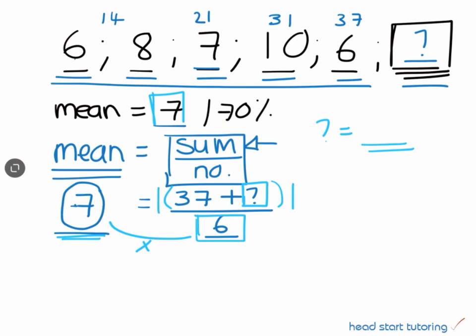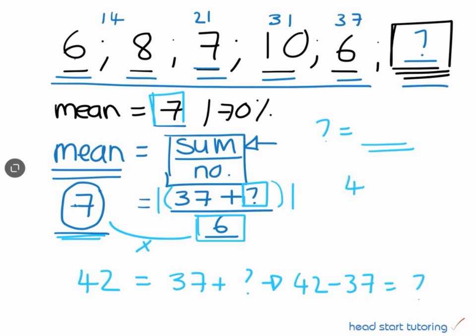So 7 multiplied by 6 gives us 42. So 42 equals 37 plus our question mark. To find our question mark, we say 42 minus 37, and that will give us our question mark.